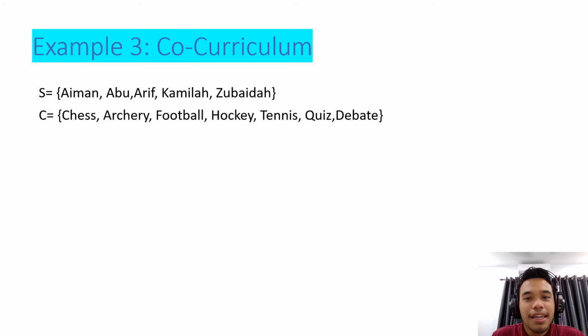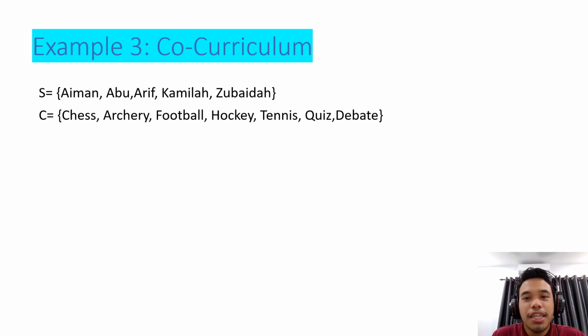The second set is C, which is co-curriculum. The elements of C are chess, archery, football, hockey, tennis, quiz, and debate. The students are required to take at least one co-curriculum course and not more than two.